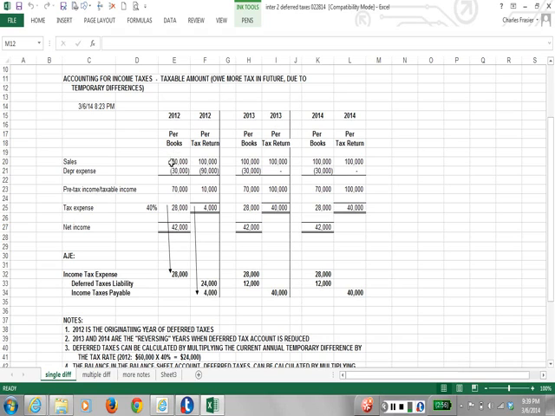and the same for 2014. Now what we are showing here is how the income statement for a particular year under GAAP, and keep in mind that the books are using GAAP and the tax return would be using the Internal Revenue Code.